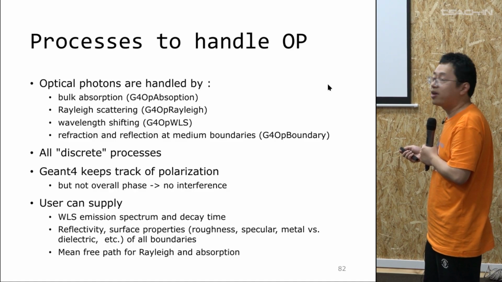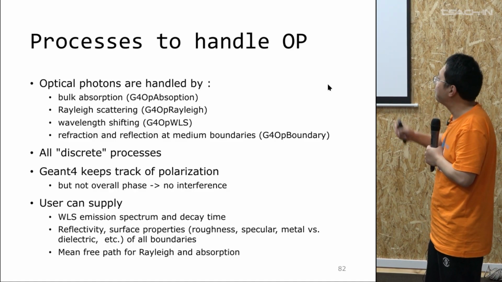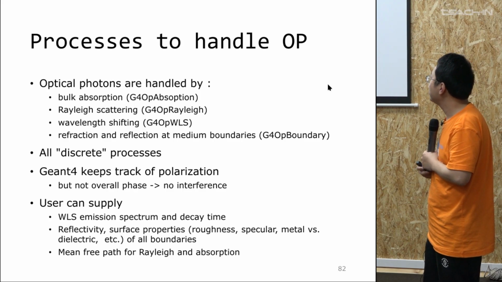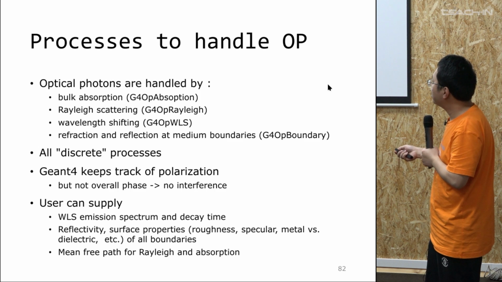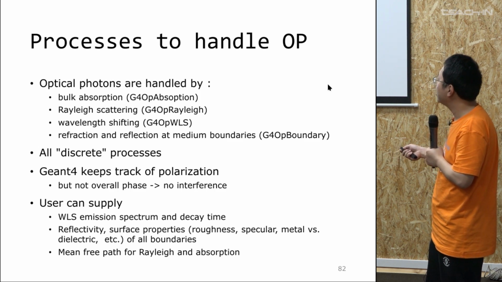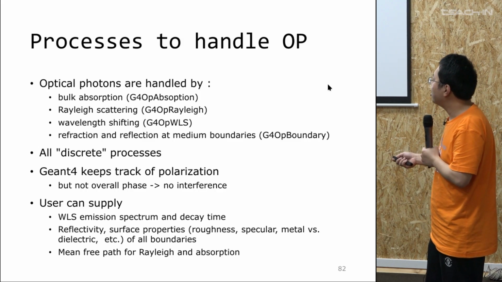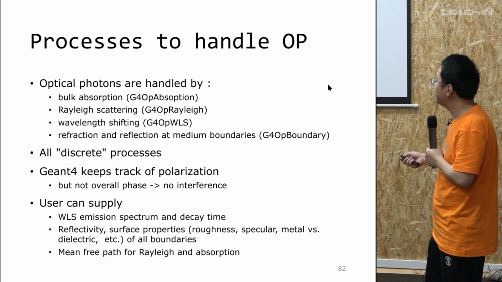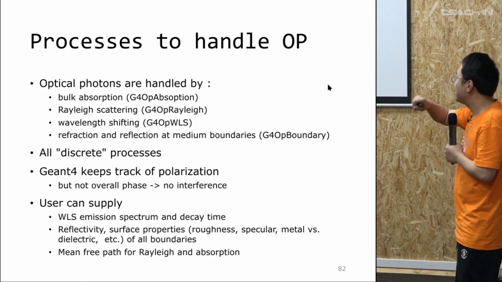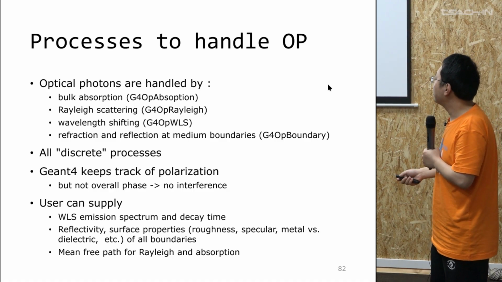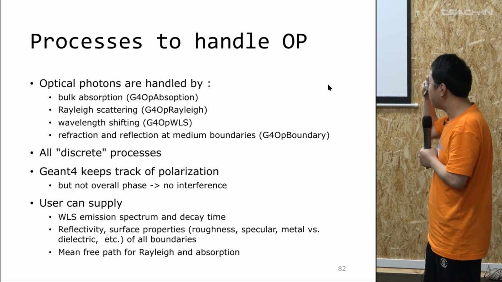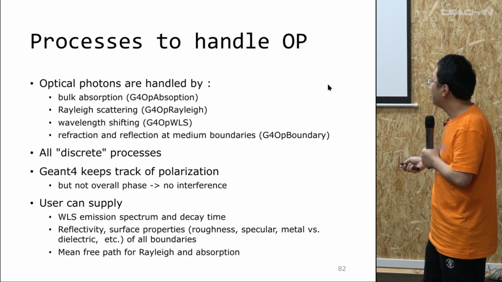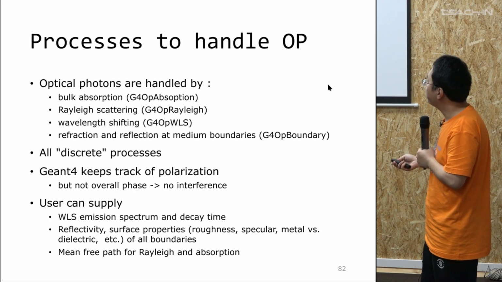This is also very important, otherwise you will see some very strange distributions. The user is allowed to specify a lot of information, like the spectrum, the decay time, and the reflectivity of a surface, if you specify such a surface, and also, for example, the Rayleigh scattering and absorption length of the material.